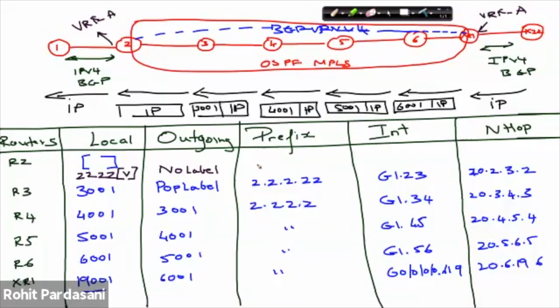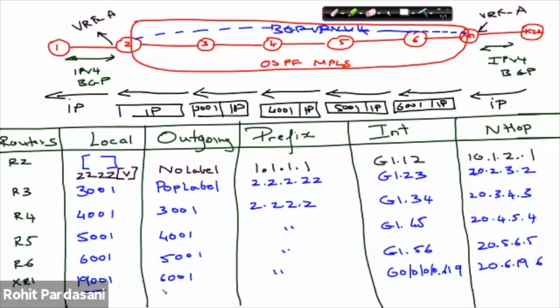The prefix would be the customer's routing table, 1.1.1.1. Interface is gig 1.12, 10.1.2.1. And this VPN label is not advertised through LDP, it is advertised through BGP. So R2 advertises directly to XR1 through BGP.